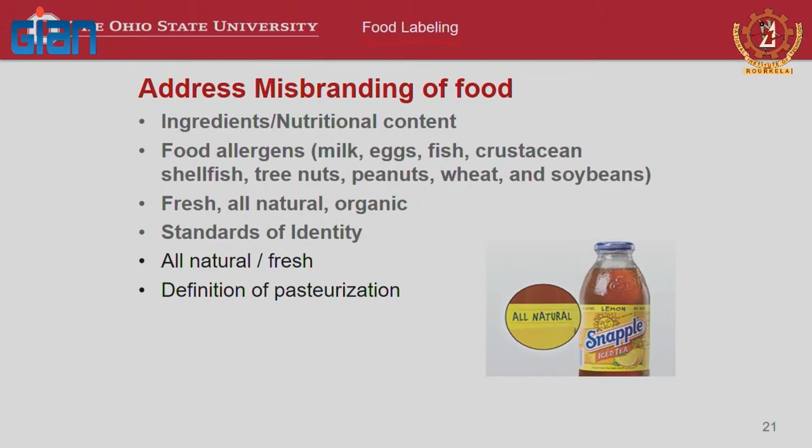For example, you may be a vegetarian, but if there is an animal based ingredient, by reading the ingredient statement you may be able to identify that. Or you may be allergic to certain allergens like milk or egg or shellfish, tree nuts, things like that. So, you have probably seen a lot of statements that say this product is processed in a facility that also processes, say, peanut.